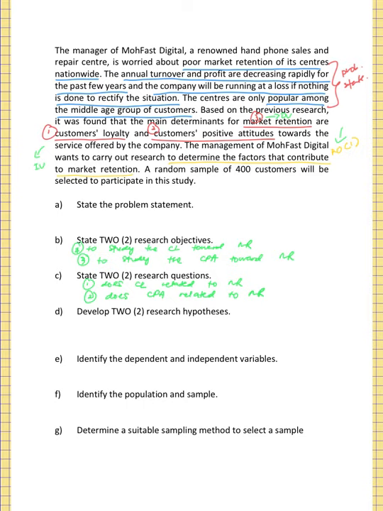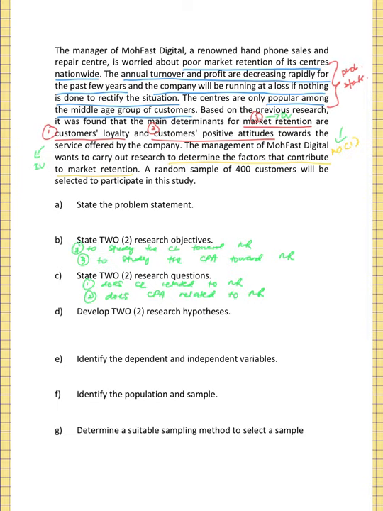Okay, now we want to develop the research hypothesis. Okay, research hypothesis, ingat lagi tak? Awak belajar STA 210 tajuk hypothesis testing. So kita ada null hypothesis and alternative hypothesis. So mesti ada H0 and H1. Okay, so how to develop the research hypothesis based on the research question yang awak dah buat dekat C tadi.